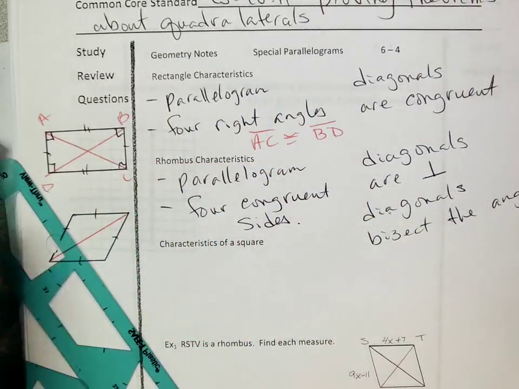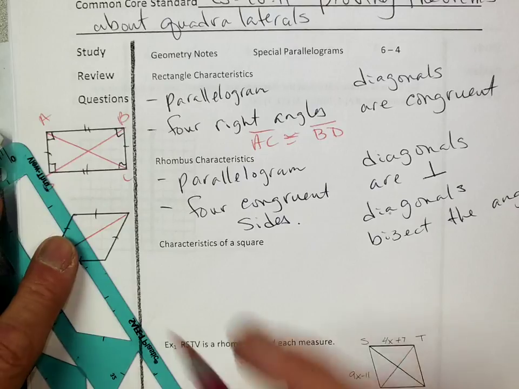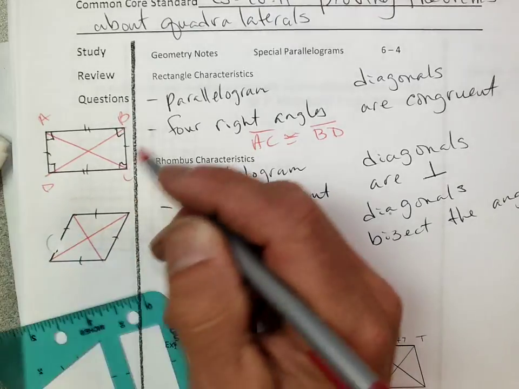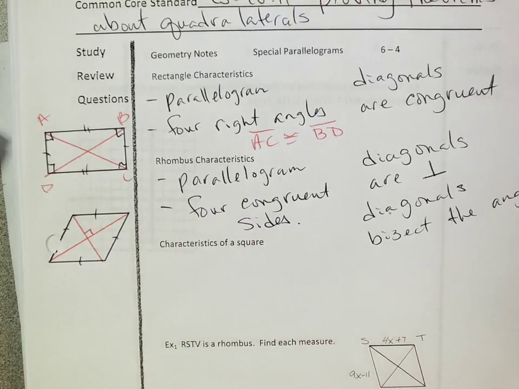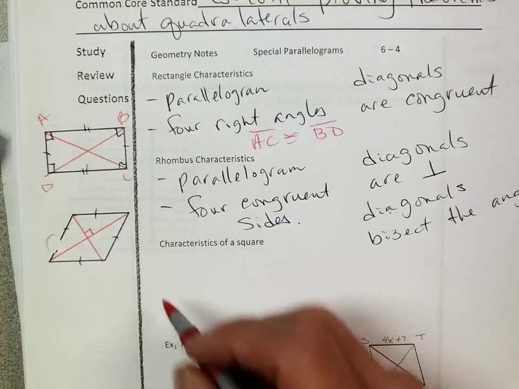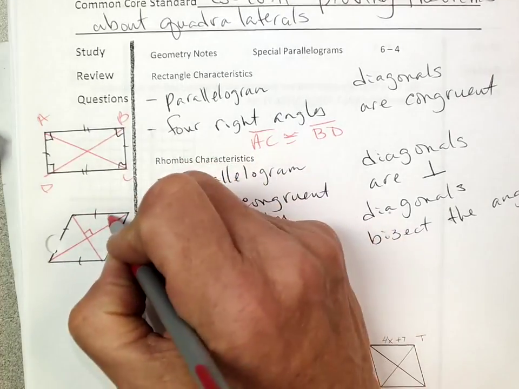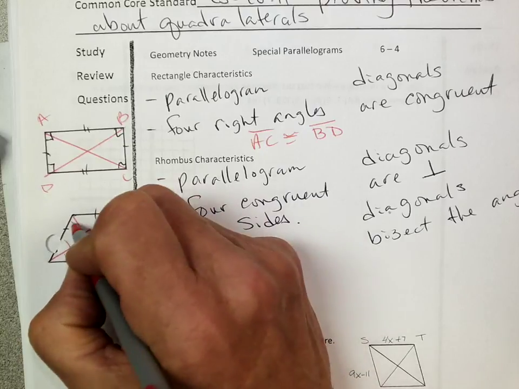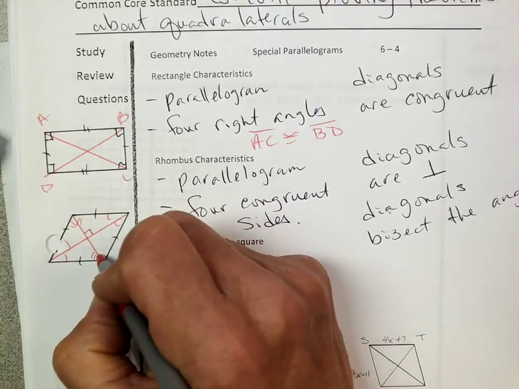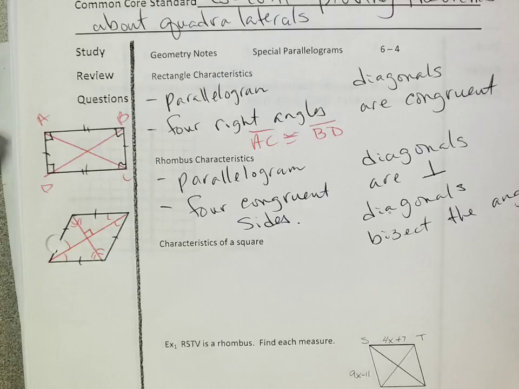So we get a visual. I always like a visual because if I can see it, I can do it, right? 90 degrees, that's a biggie, okay? That's something new, right? And we also know that they bisect the angles. That angle is equal to that one. That angle is equal to that one. Those 2 angles are equal, and those 2 angles are equal, okay? And that's what makes it unique.